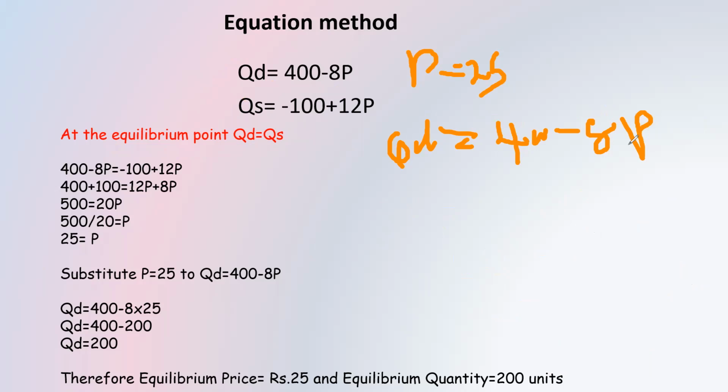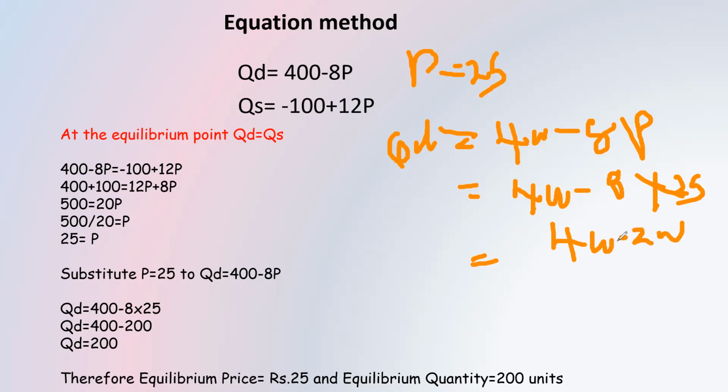Instead of P, we use 25. 8 into 25 means 200. 400 minus 200 means 200. Then the demand is equal to 200. So the equilibrium price is 25 and the equilibrium quantity is equal to 200.